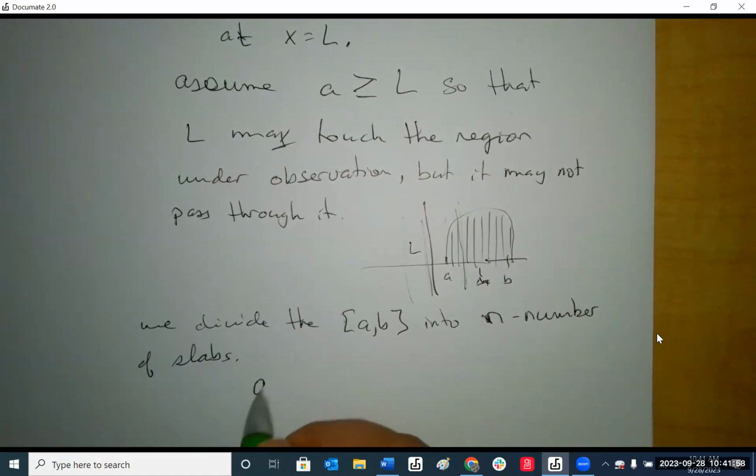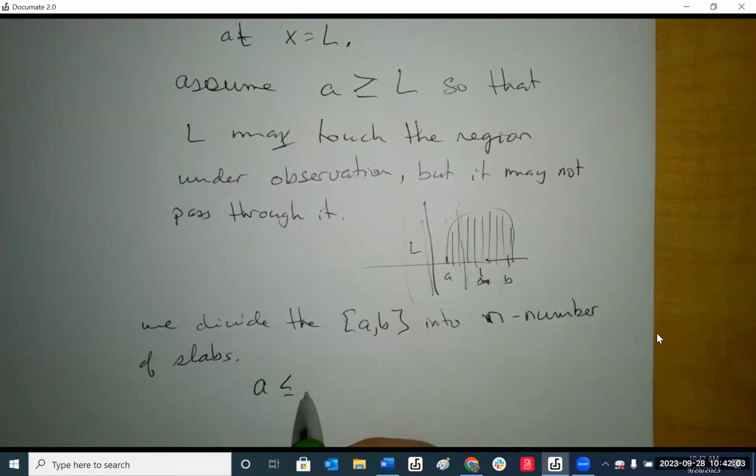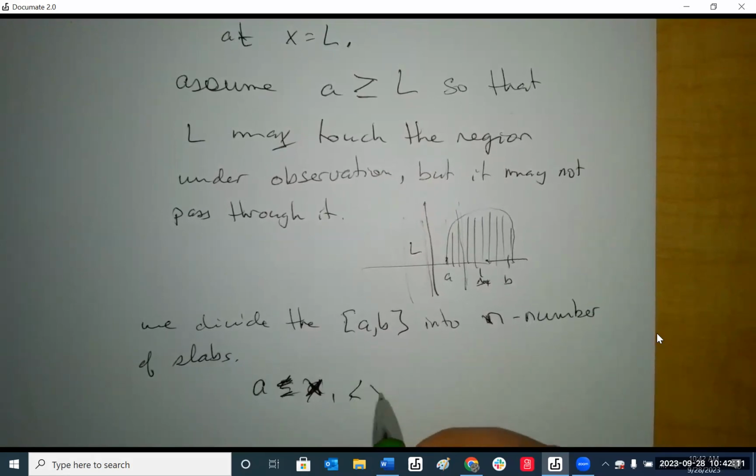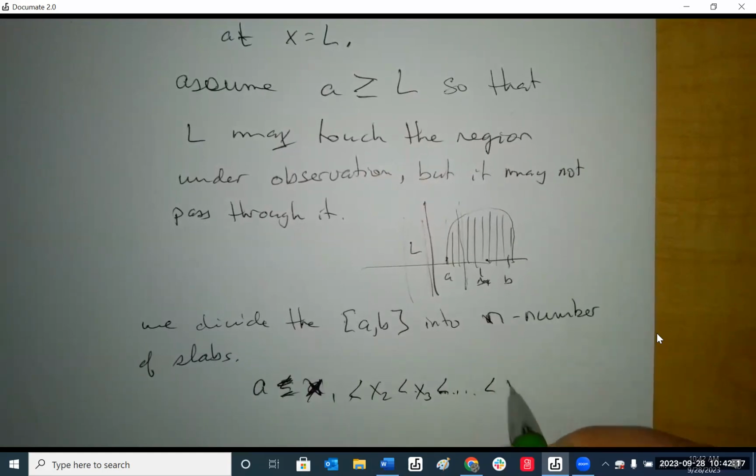So A is equal to x sub 1, which is less than x sub 2, which is less than x sub 3, dot, dot, dot, less than x sub n minus 1, less than x sub n, which is our upper bound.